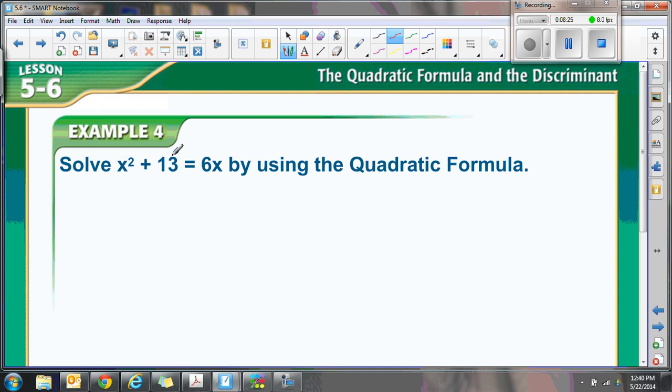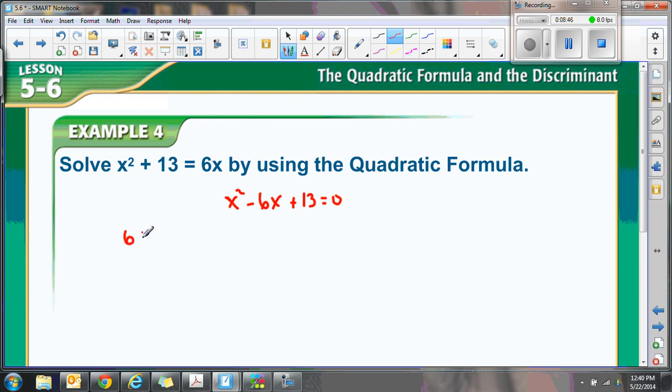Alright, x squared plus 13 equals 6x. And here's a common mistake. Everyone looks at this, they see A, they see B, they see C, they start plugging stuff in. But they forget to get everything on one side. So let's take care of that first. Put everything on one side, and now I can follow what I have.